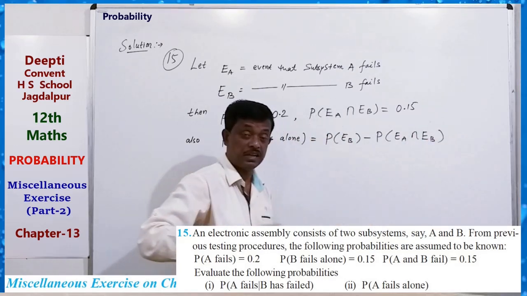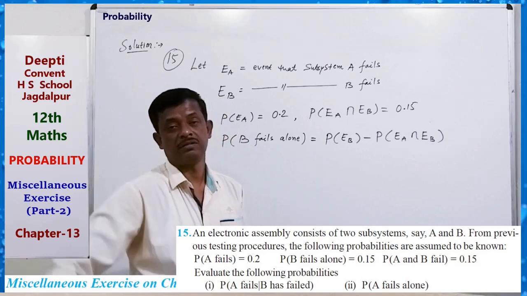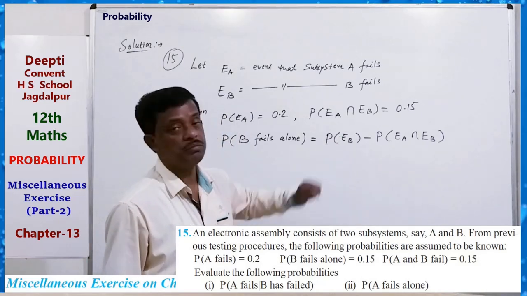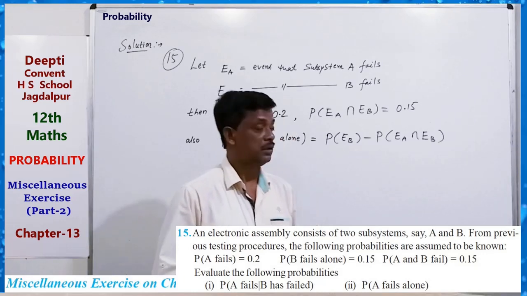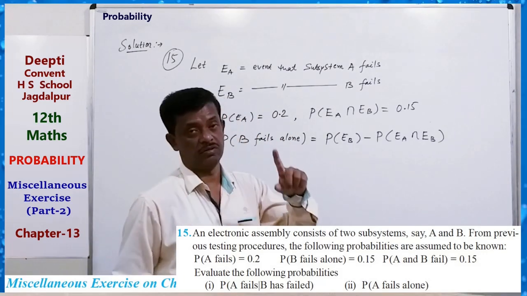When both fail, that situation is subtracted from P(B fails). That is called B fails alone.